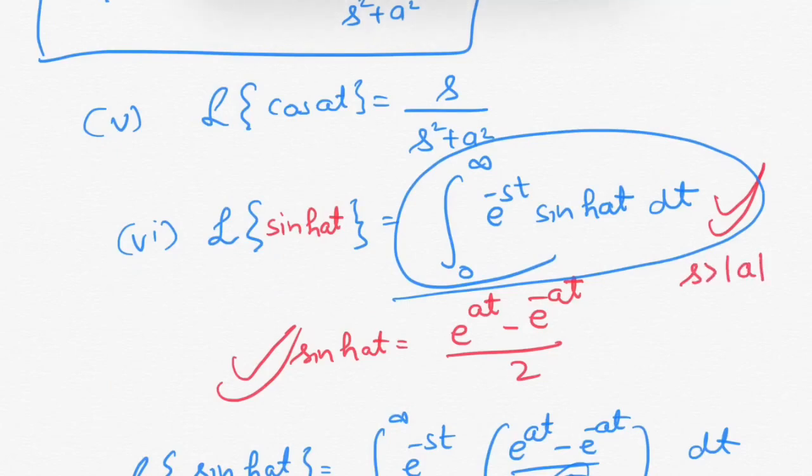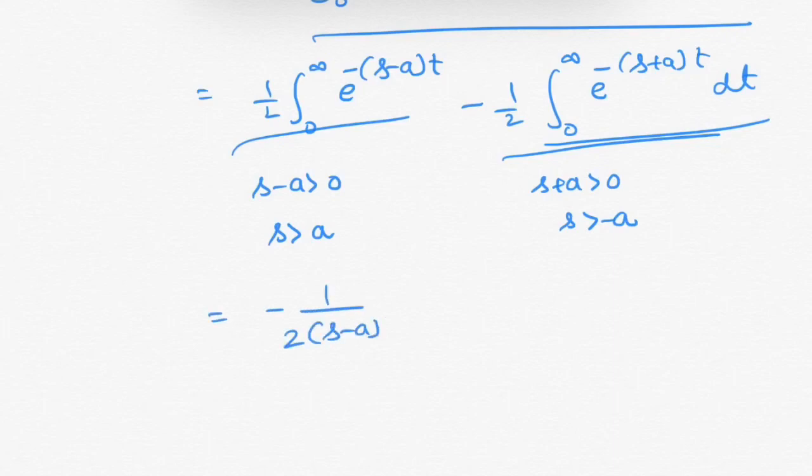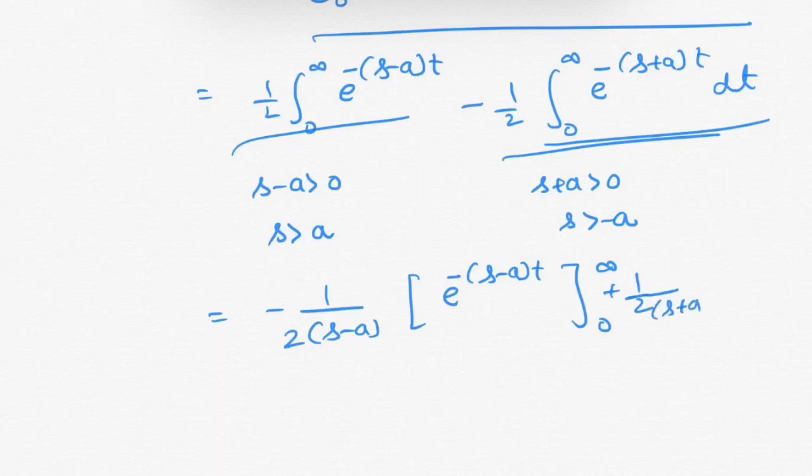Okay, now integrate these two integrals. So on integrating we have minus 1 over 2(s minus a) into e raised to power minus (s minus a)t, limit is from 0 to infinity, plus 1 over 2(s plus a) into e raised to power minus (s plus a)t, limit is from 0 to infinity.